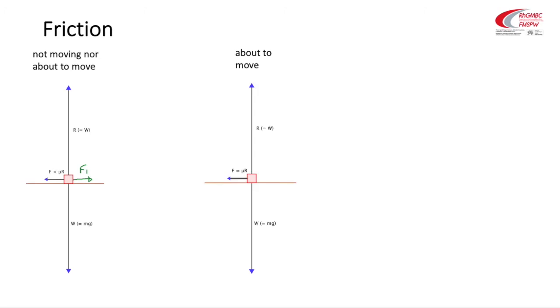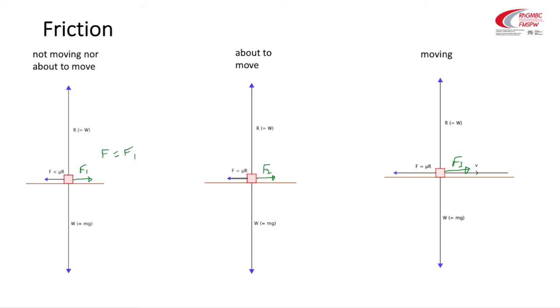In the second case, it's about to move. So at this point there is a force on it which, when it gets a little bit more, then it's going to be enough to pull the object along. And then once it's moving, then there is a larger force on it and it has some velocity. In fact, it's accelerating and so on.